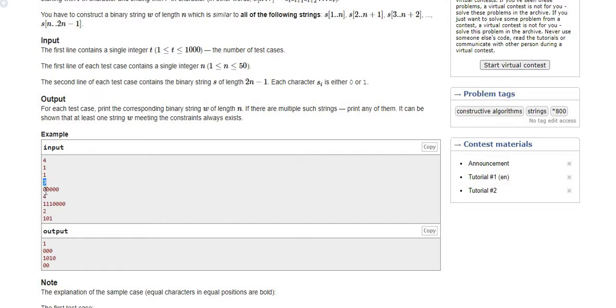If we split up the string in this way, 1 to n, 2 to n plus 1, 3 to n plus 2, all those substrings will be matching with this w. Let's take the third example, and I will demonstrate it by forming all the w's.